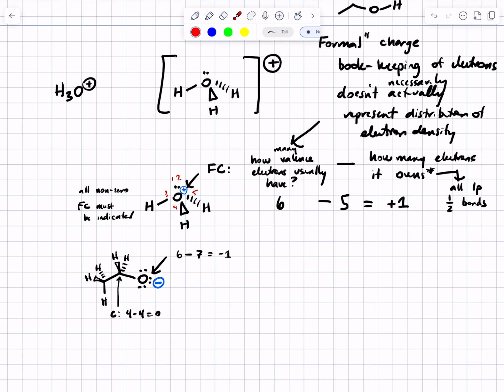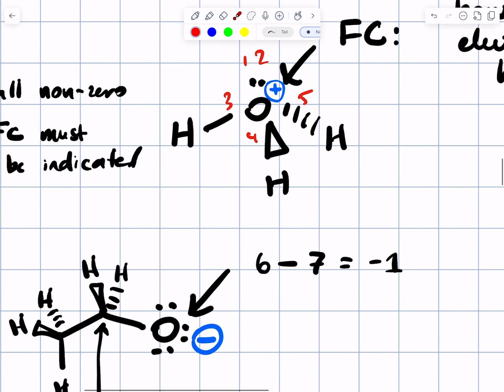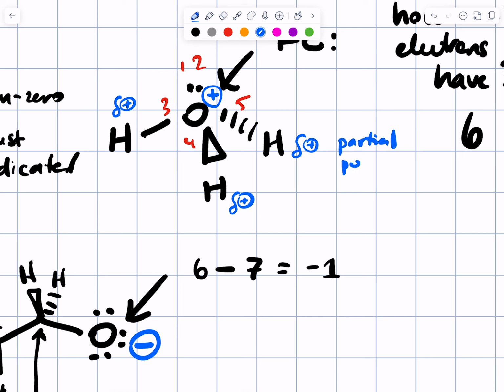We're going to talk about that a little bit later in the class, but let me just illustrate that point real quickly now by showing you that oxygen is more electronegative than hydrogen, right? So you would predict that even though oxygen has the positive formal charge, most of that actual positive charge is felt on the less electronegative hydrogens. So we would know about hydronium that it's actually the hydrogens that have partial positive charge on them. We will indicate that partial positive charge with a Greek lowercase letter delta and then the plus sign.